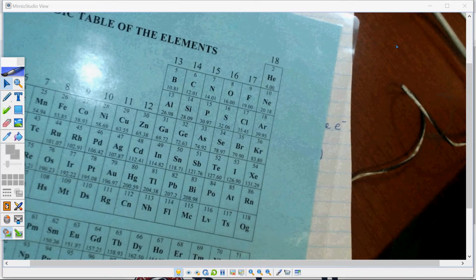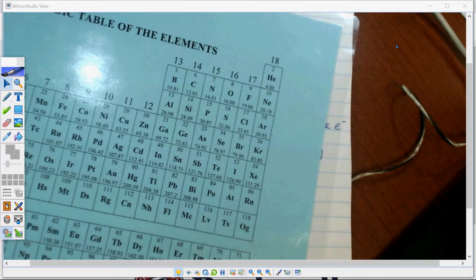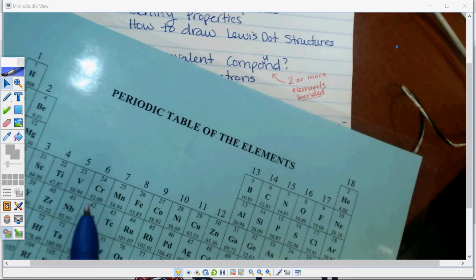So an easy way to determine how many valence electrons are in an element is we can use our periodic table as kind of a shortcut.